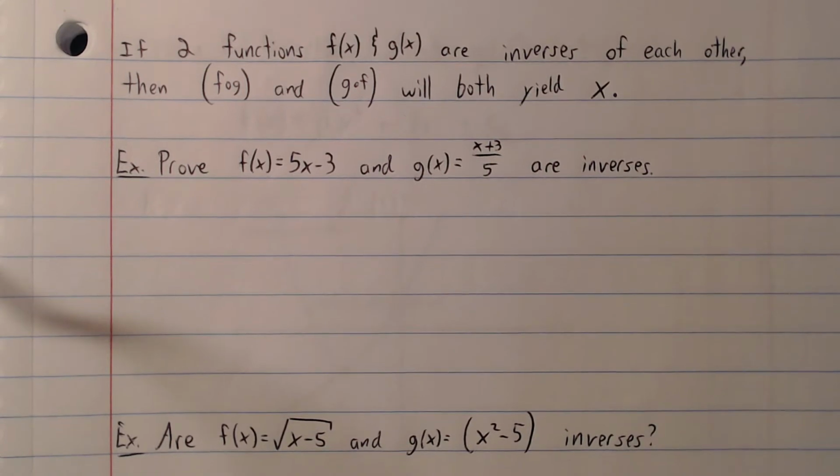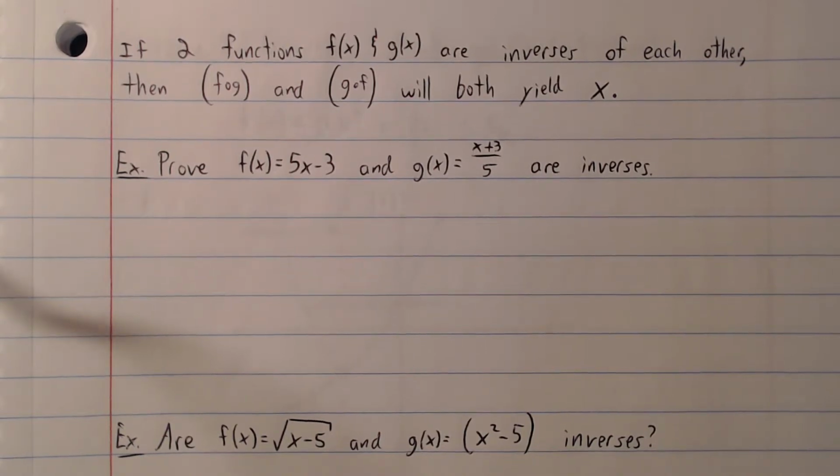What it tells us here is that if two functions f of x and g of x are inverses of each other, then f evaluated at g and g evaluated at f will both result in x. So pretty simple. We're going to plug one into the other, and it's going to give us x out for both. If we don't get just plain old x out, then one's not an inverse of the other.